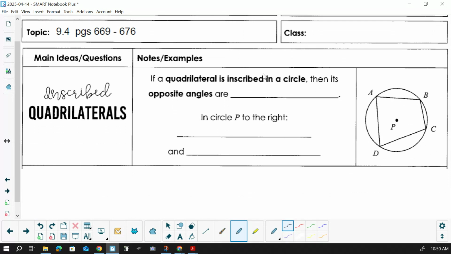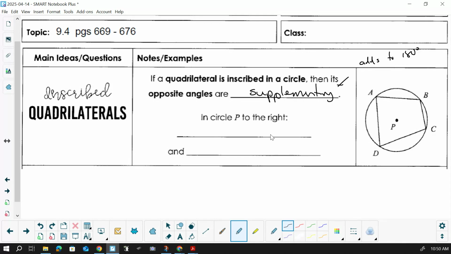Quadrilateral inscribed in a circle. Let's go down to this one here. What happens if a quadrilateral is inscribed in a circle? Its opposite angles are supplementary. Supplementary means adds to 180.